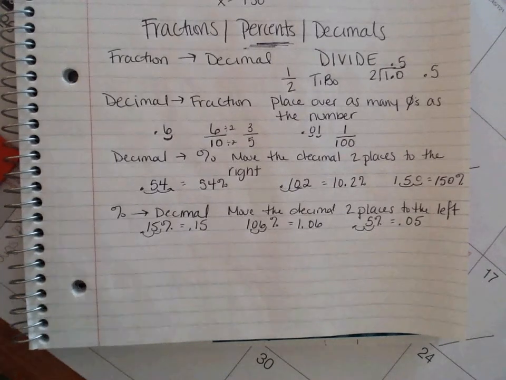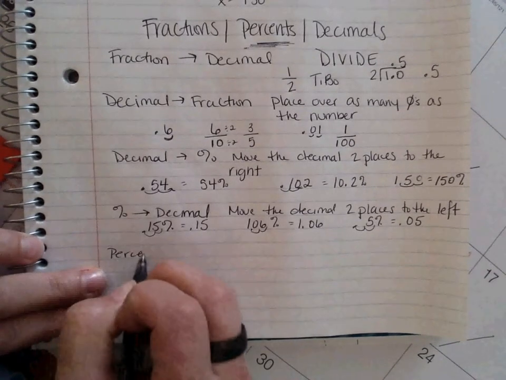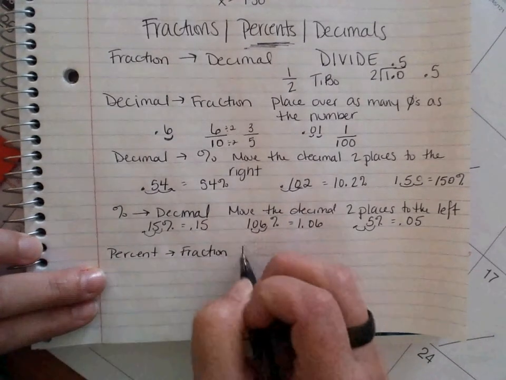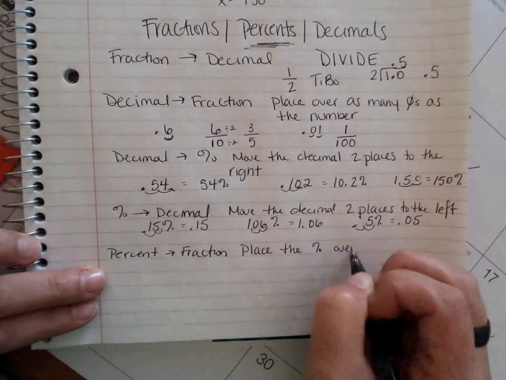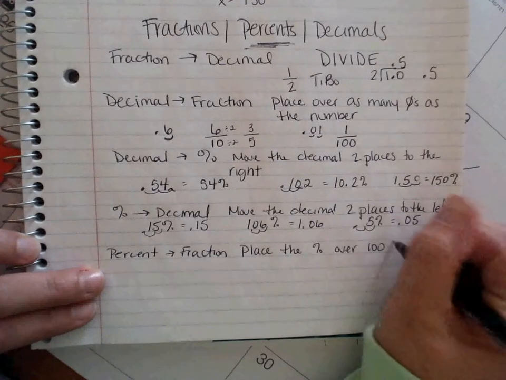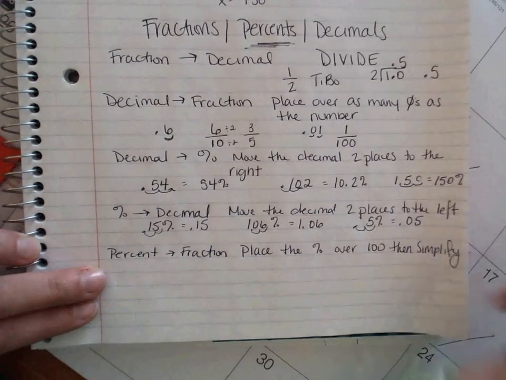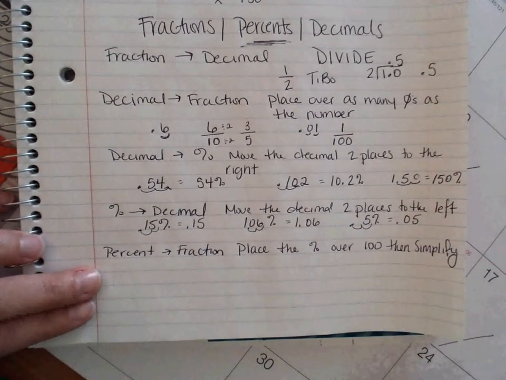When I'm going from a percent to a fraction, I'm going to place the percent over 100, always over 100, and then simplify. Always over 100, so not as many zeros as needed, always over 100.